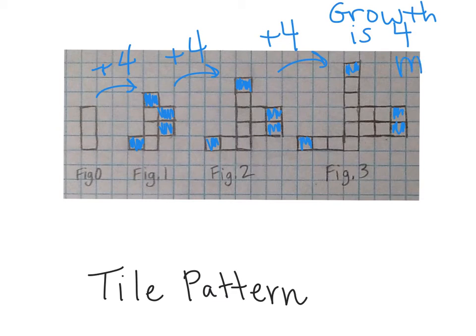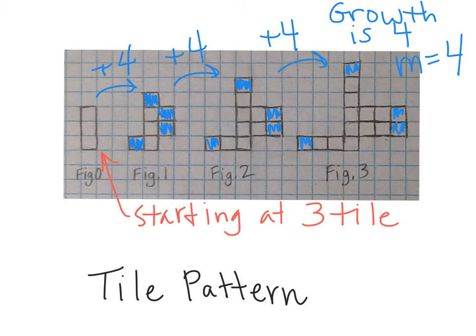That tells me my m value is 4. For the starting value, I'm looking here at figure 0. It starts at 3 tiles. So that tells me my starting value is 3 tiles, or in other words, the b value is 3.